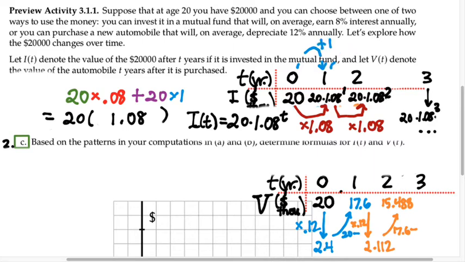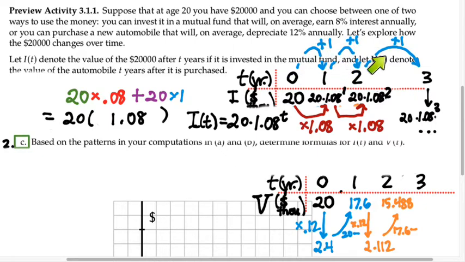And what I want to draw our attention to here are both similarities and differences between these types of functions and the linear functions that we studied in Chapter 1. So in this data, notice that there's a consistent kind of change that's happening in my t values, right? From year 0 to year 1, I'm just adding 1 year.